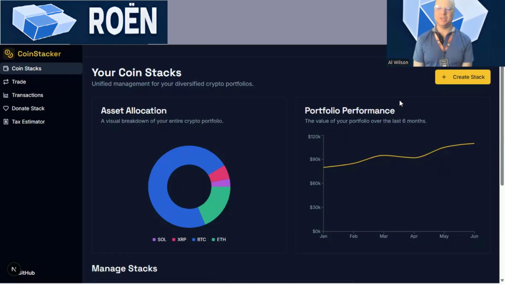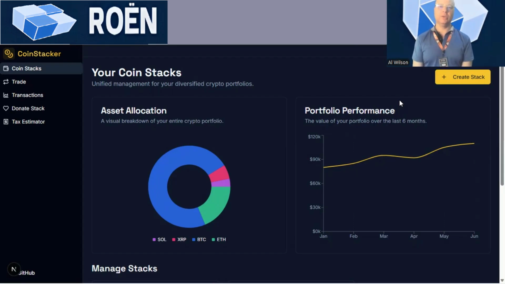Welcome to CoinStacker, a native Roën dApp, which enables aggregated crypto trading in coin stacks with secure key technology. This is the only application that enables combining multiple cryptocurrencies which are tradable in one stack or in one aggregated trading unit.